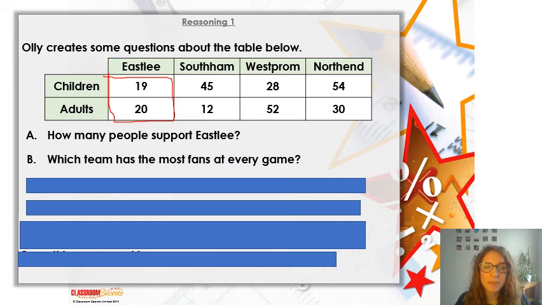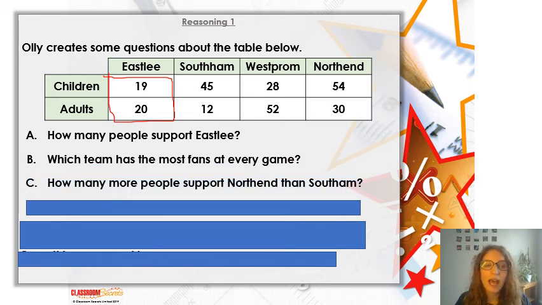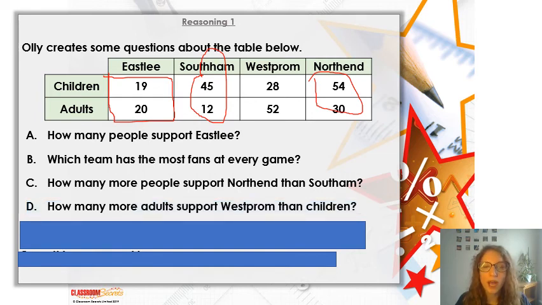Which team has the most fans at every game? How many more people support North End than Southam? So you need to work out the totals for North End and Southam, and work out the difference between them, to do a subtraction. How many more adults support West Prom than children?